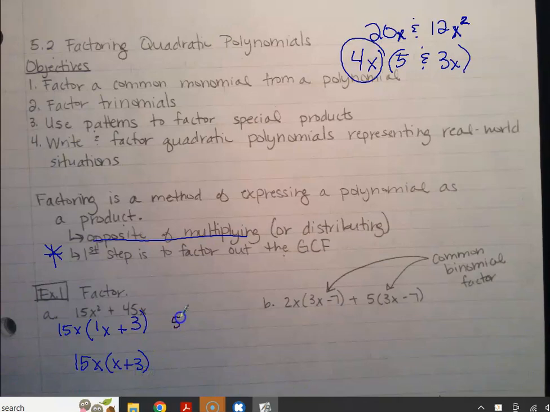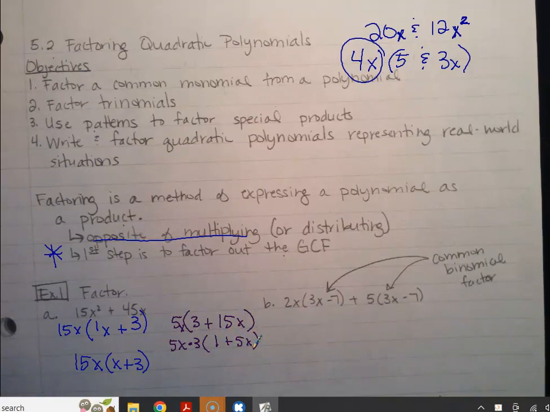Now, if we looked at what you said, it was 5. That's okay. If you pull out a 5 and an x, you'd get 3, right? You could just do it again. Exactly. Because then you'd get this, and you'd be like, oh wait, I can still pull out another 3. So you would have 5x times 3, because you're pulling that 3 out, which would leave you with 1 plus 5x.